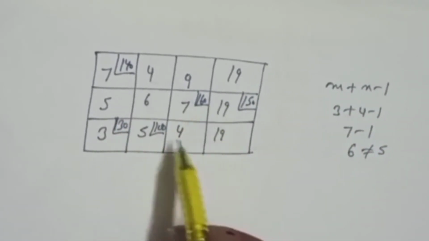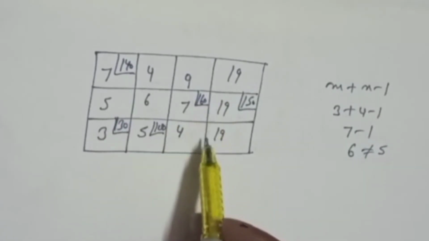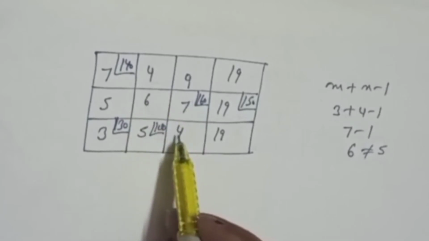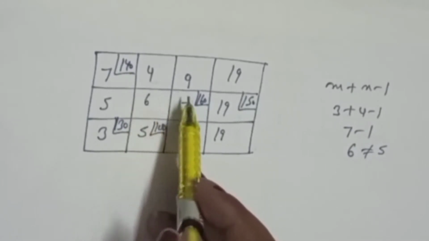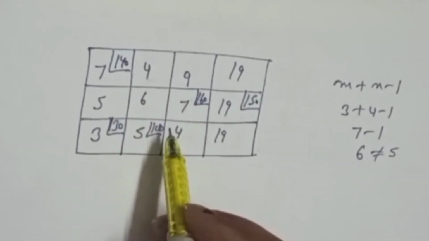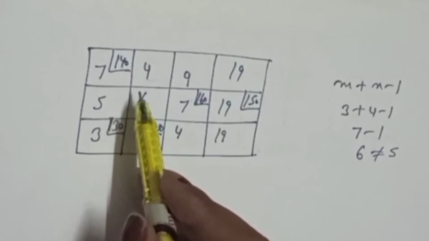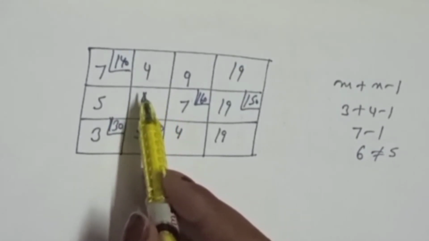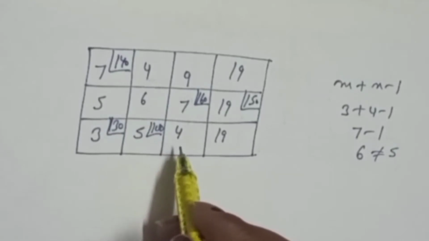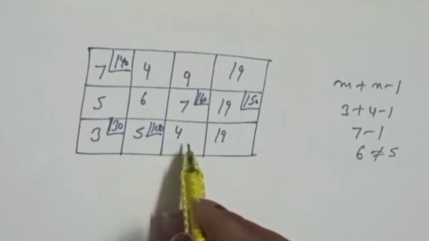You can see here, in this matrix, we have 2 cells, this and this. These 2 cells have the minimum value, but we have to select one cell. So we will check loop formation. We will check whether these cells make a loop or not. If the cell makes a loop, then we will not select that cell. But if the cell doesn't make a loop, then we will select that cell.